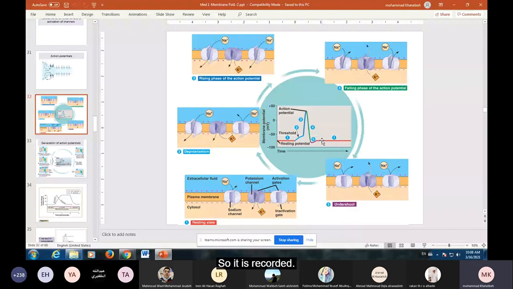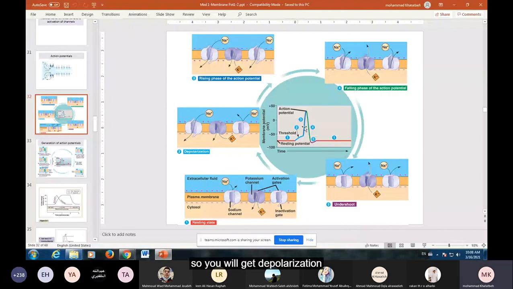So it is recorded by recording changes outside with regard to inside. But in this recording here, we are recording changes inside with regard to outside. Now imagine that you have a record with a mirror image.